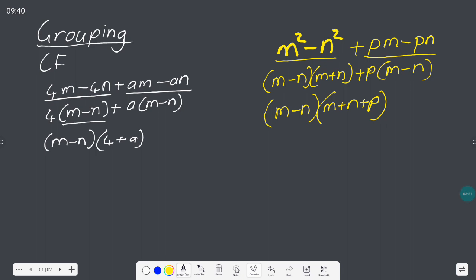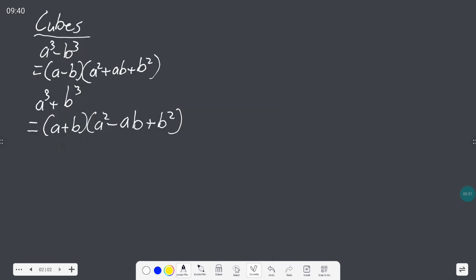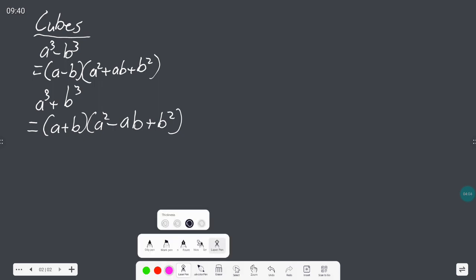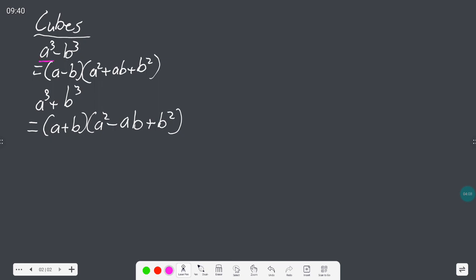Okay. The next examples that we will be working with are cubes. So I already give you the standard formula here by saying if I have a minus b cubed, I will expand it into a minus b and a squared plus ab plus b squared.